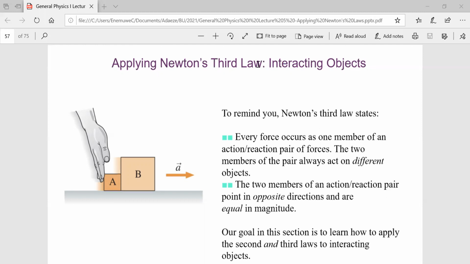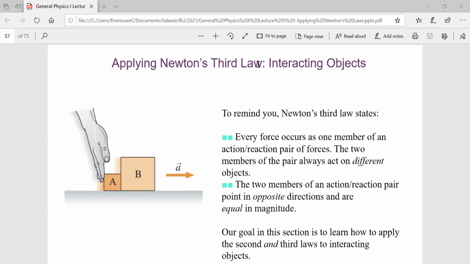We know that in our last class, when we first of all looked at the Newton third law, we established that it is that law that talks about interacting objects. And also we emphasize that it is actually the law that brings to bear the action and reaction pair of forces, okay? So which we see in interacting objects. As you can see in the image here, the object A and B having contact with each other.